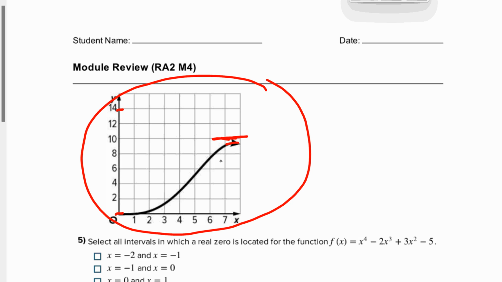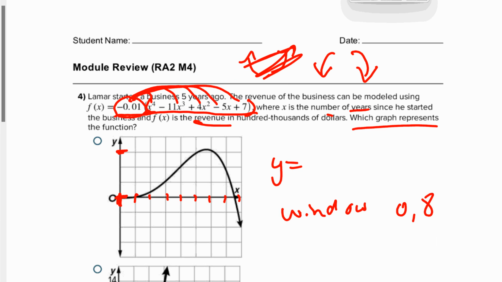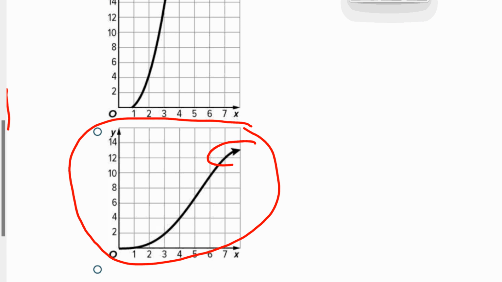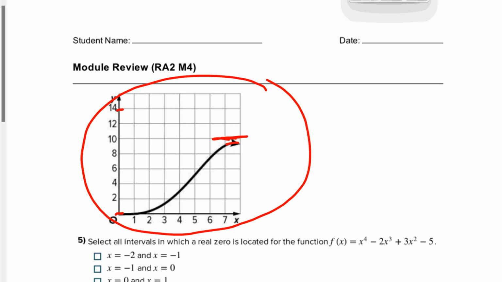This one's approaching 10, but this one down here, the third one, is approaching close to 14. So I put my window as 0 to 8 and 0 to 14, plug that equation in there, and see which one it looks like. This one and the next one seem about the same, but on a graphing calculator, it doesn't go up to 10, it goes almost up to 14.